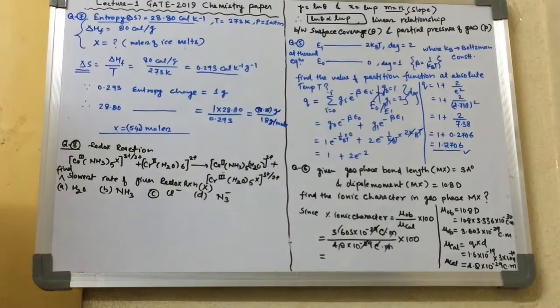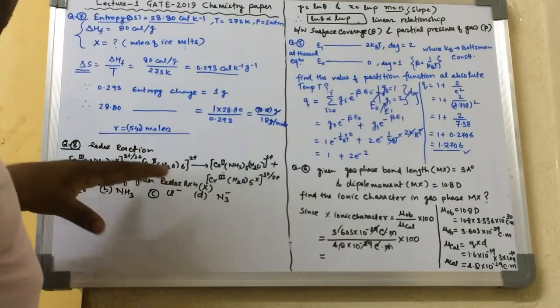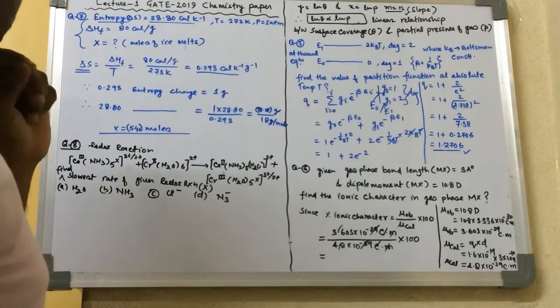But what will be the better X value for this redox reaction?